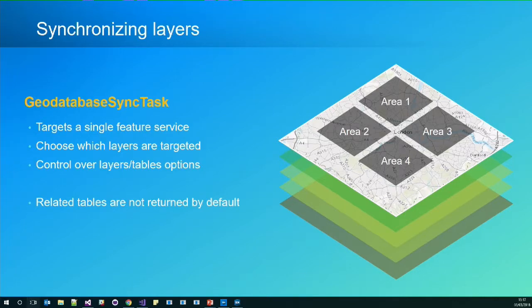And the geodatabase sync task, it has more options that you can do. So you have a little bit better control on what gets synchronized, what gets pulled down, than you have with the offline when you are working with the map. So in cases where you want to really optimize what's going on, then you work with the geodatabase sync task.